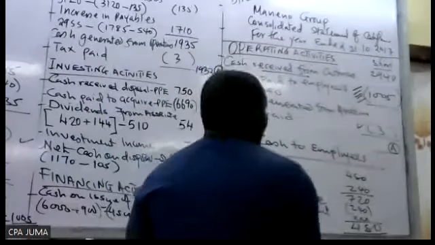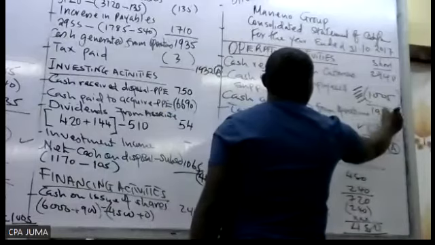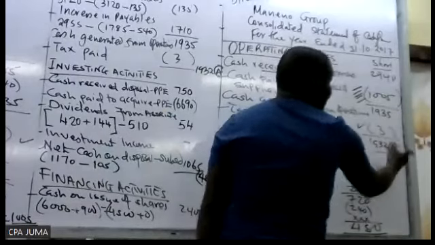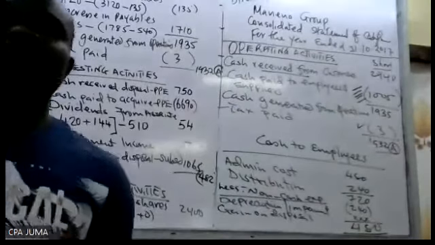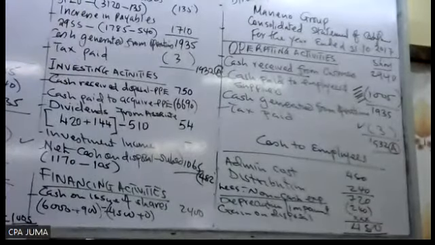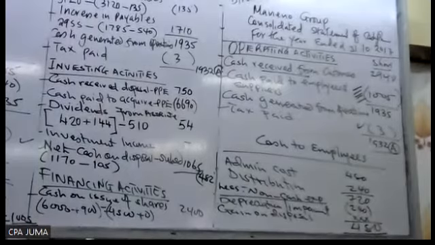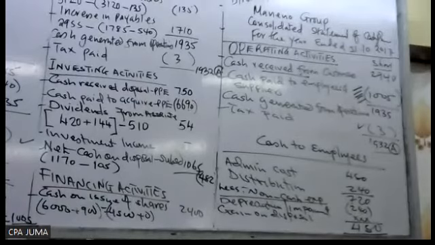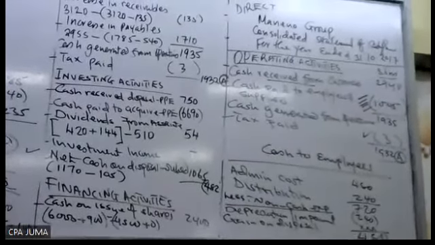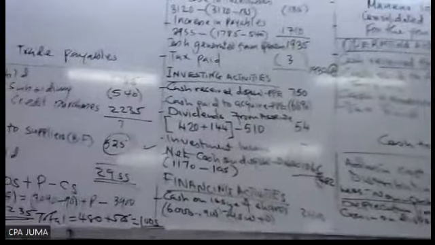19 minus 3. 1932. You have to get yourself. If the examiner has not dictated, it is still fine.